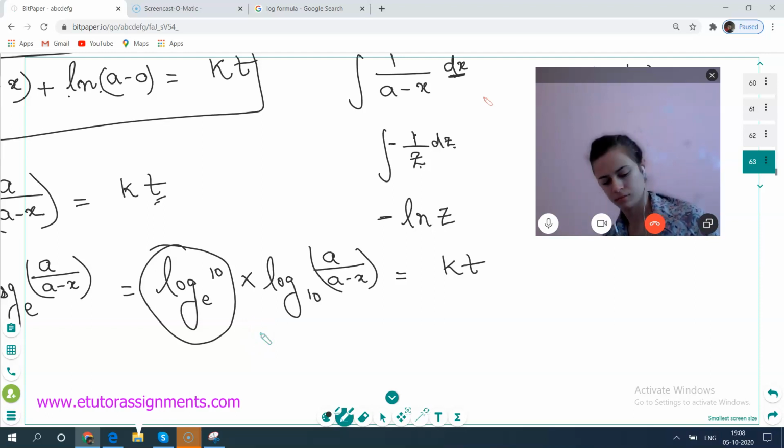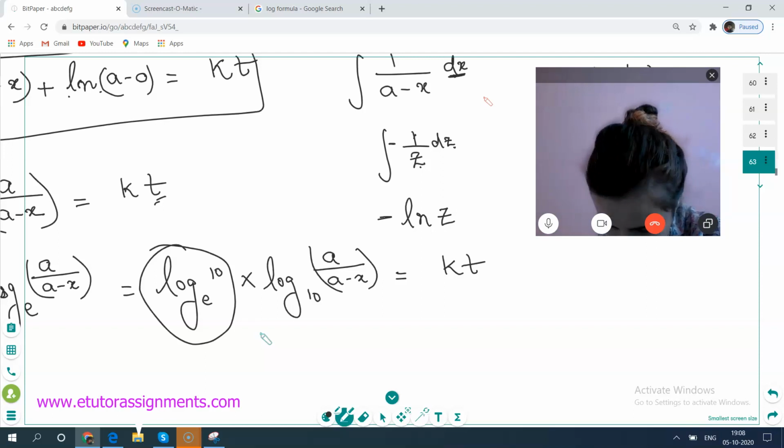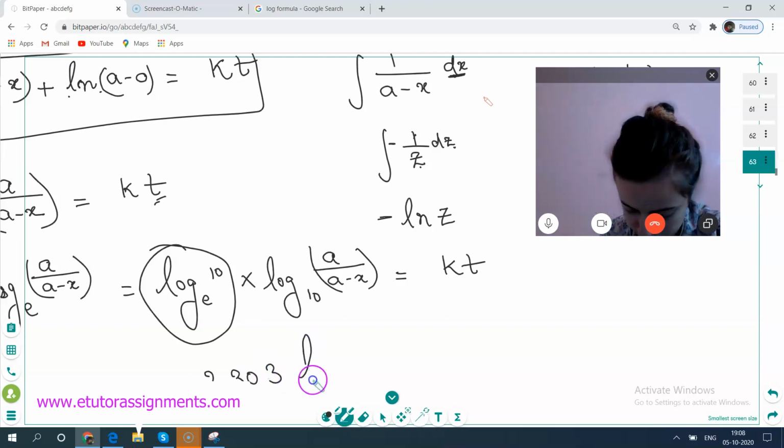Let me see. 2.3. Can I write here 2.3? This is the base 10, it is changed now.